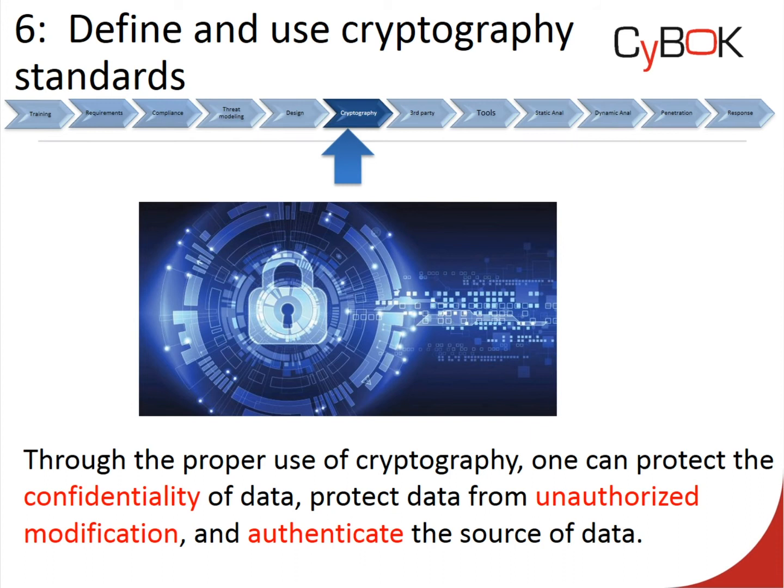Practice number 6 from Microsoft is define and use cryptography standards. And so cryptography is a way to protect especially sensitive information, and you're protecting the confidentiality of the data and against unauthorized modification.